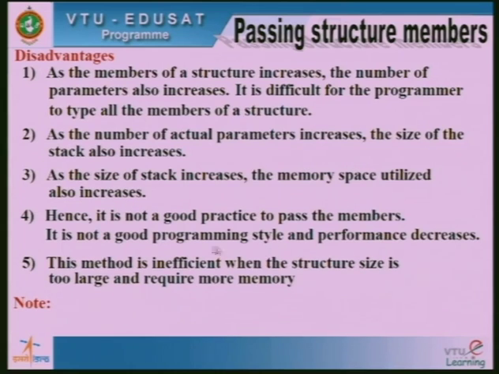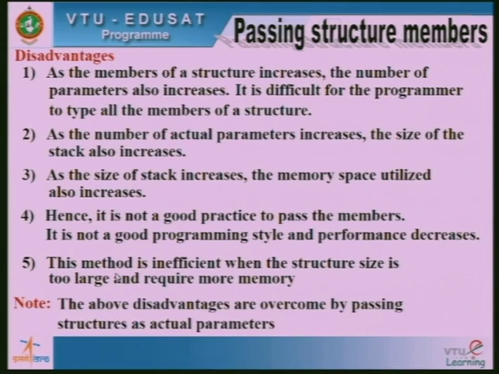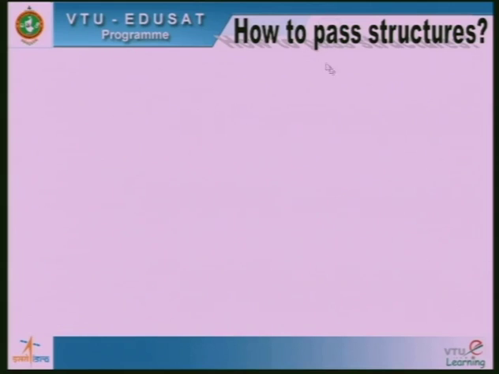But remember, as the size of the members increases, the time taken also increases and it requires more memory. So the above disadvantages are overcome by passing structures as actual parameters. So let us not pass the structure members, instead let us pass structures themselves.